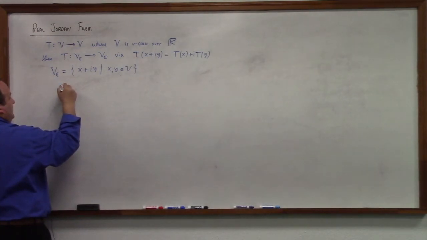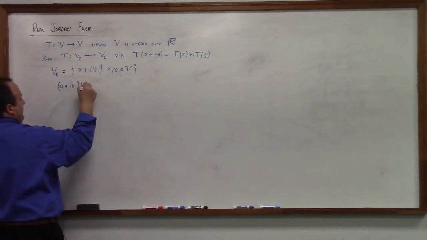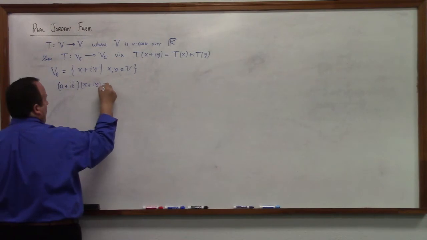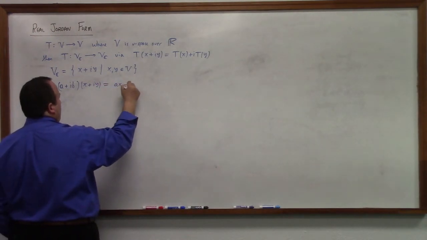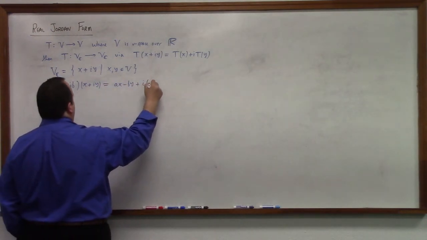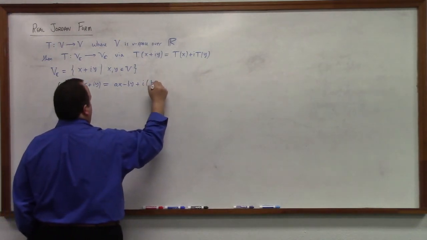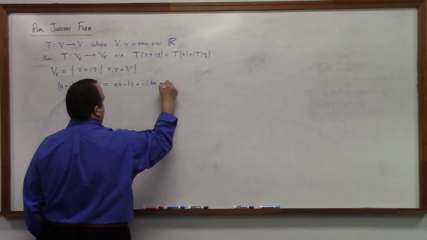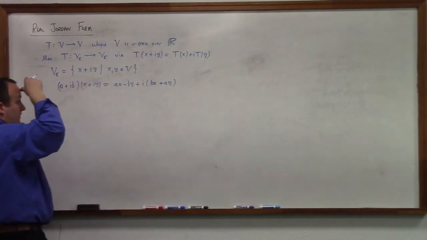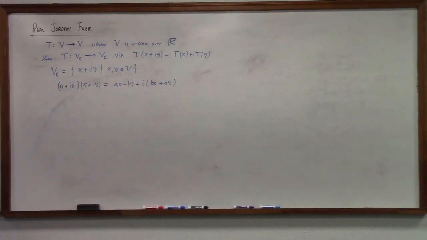If I have a plus ib times x plus iy, I get ax minus by plus i times bx plus ay. All right. So that defines the scalar multiplication of V sub C.